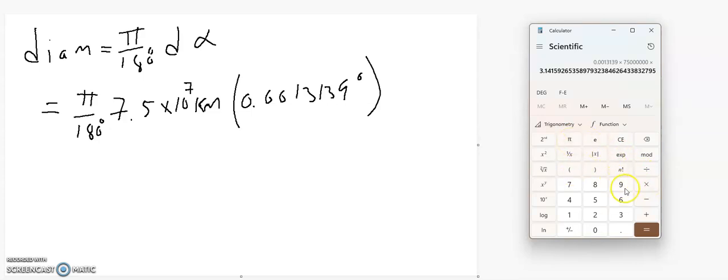I messed up, it's got to be divided by 180. Right, divided by 180.